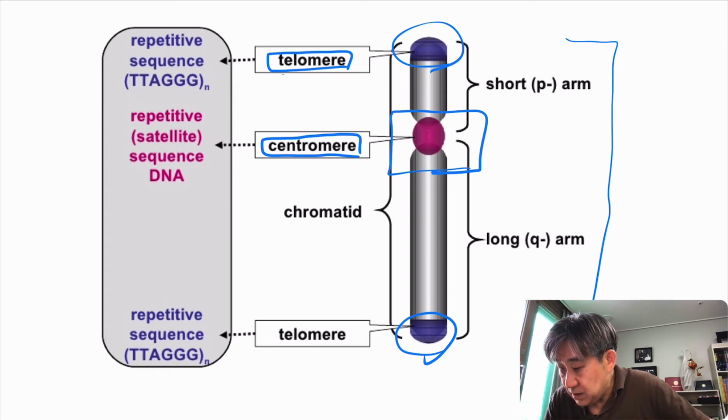These 3 areas, 2 telomeres and 1 centromere, are heterochromatin in terms of chromatin organization.